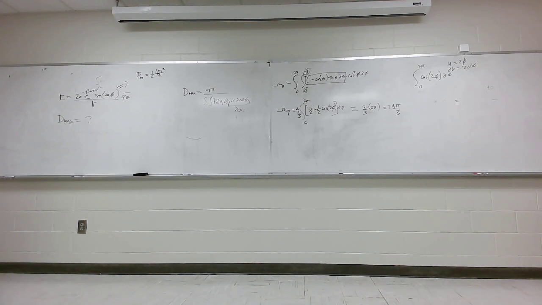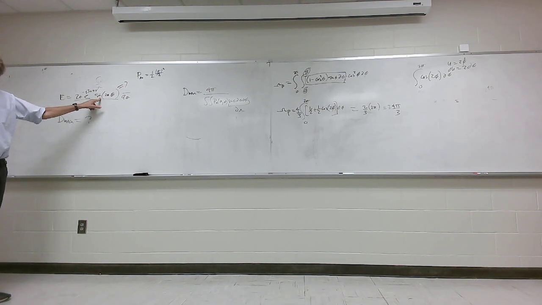Now once you have that, we're still not there. We need the normalized power density. What would you do without doing all the math? I take this, I square it, I get something over r squared, right? How do I get the normalized power density? It's really easy. This is going to be a sine squared, right?